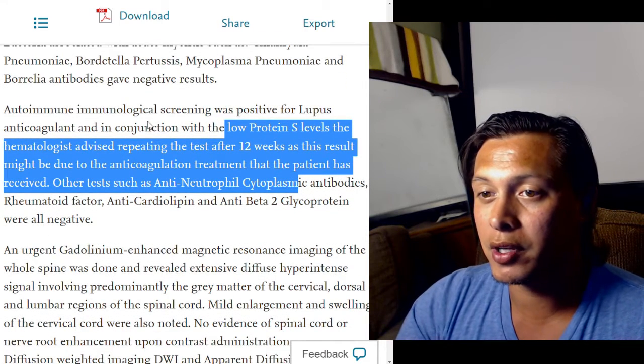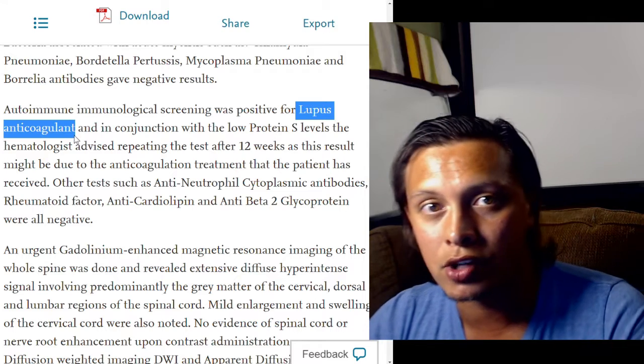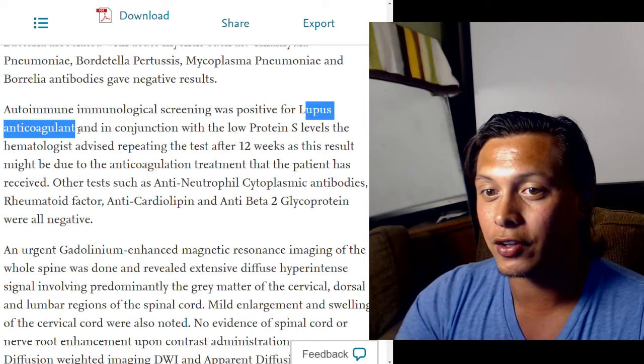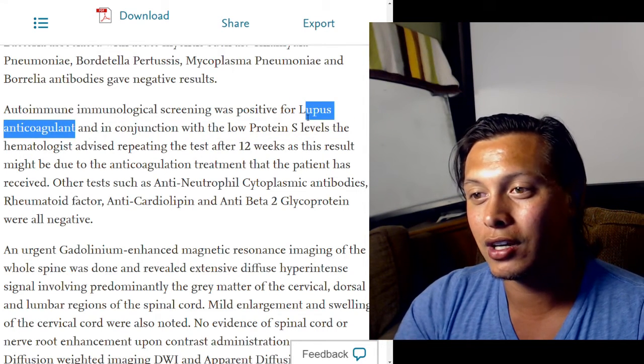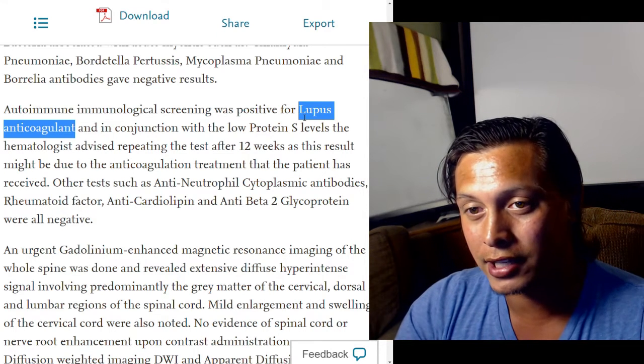Anyways, autoimmune immunological screening was positive for lupus anticoagulant. So this is a misnomer. Lupus anticoagulant is actually a procoagulant in the body.